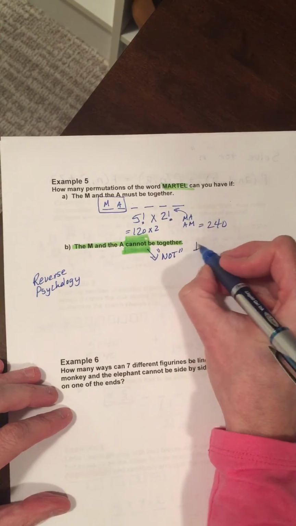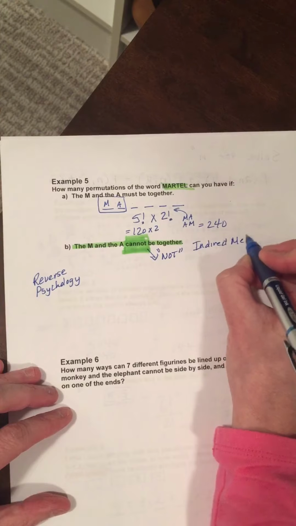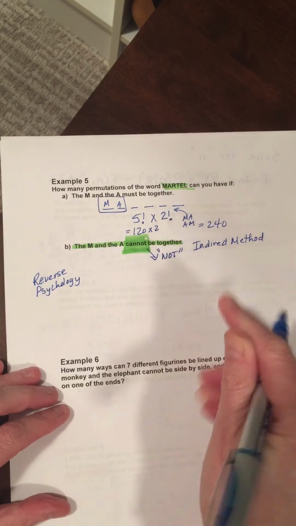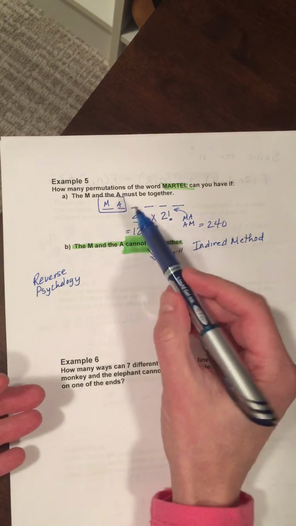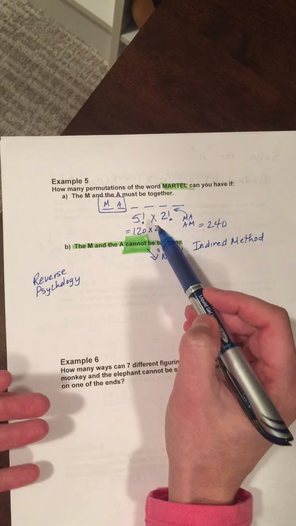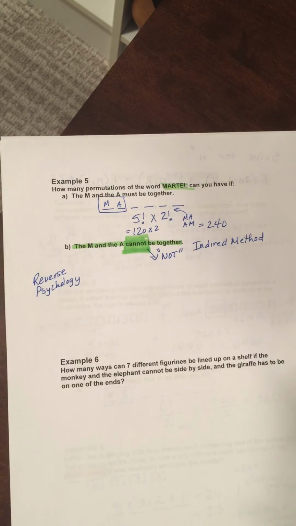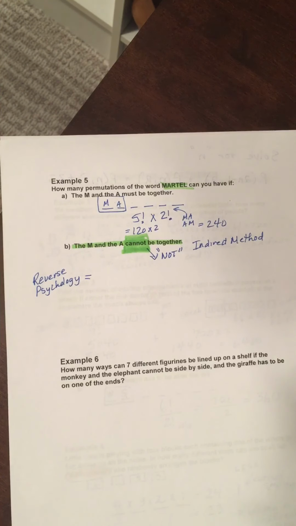Your profs are going to call this an indirect method. Everything to this point we've done very directly. Okay, we've looked at it logically, we've looked at how many choices, we've looked at order, we've done it very directly. The indirect method, or as Miss Martell calls it, reverse psychology, works indirectly. And I'm going to explain.